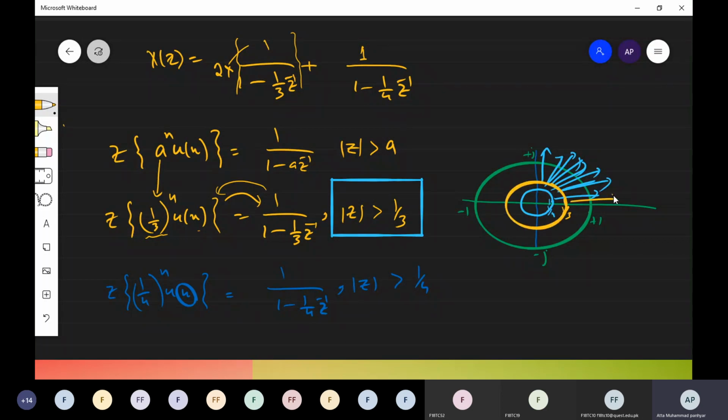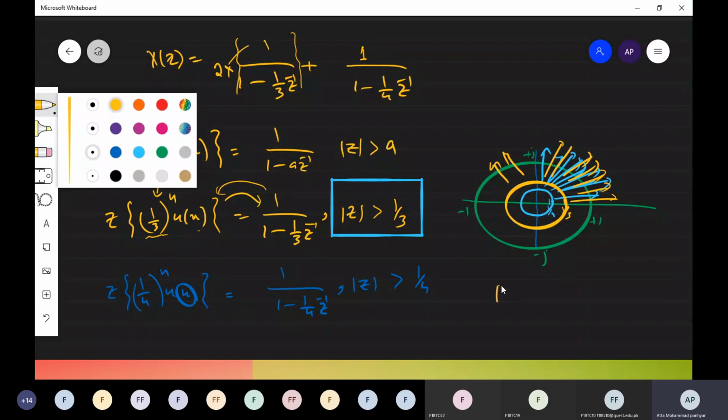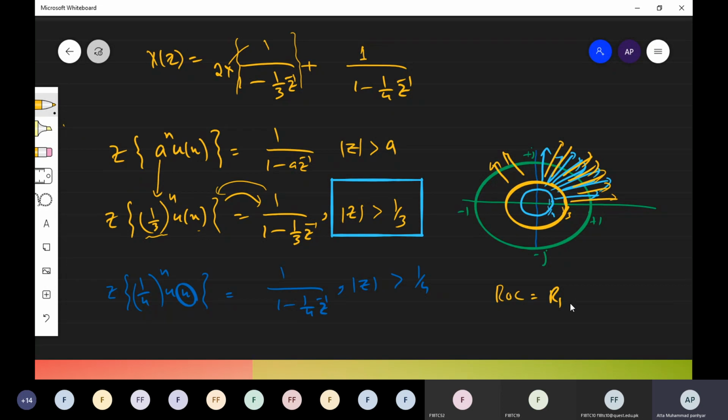So this signal says the region of convergence must be outside of this circle. So it implies here as well, but I want to just focus on one part. You can infer it yourself. Now as you remember, the overall ROC is the ROC of the first signal intersected with the ROC of the second signal.